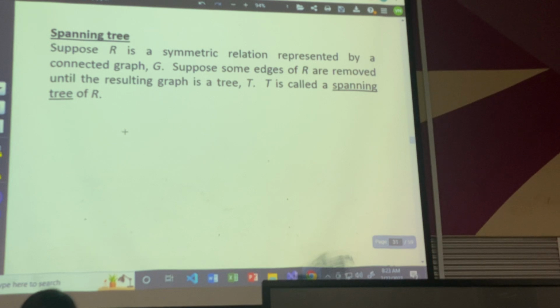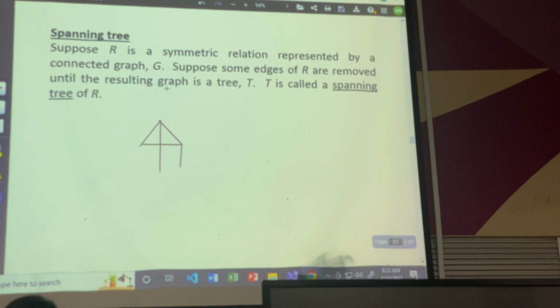So let's say you are given a graph like this. This is a graph, an undirected graph, right? So if we want to determine whether this becomes a tree, how should we do it?